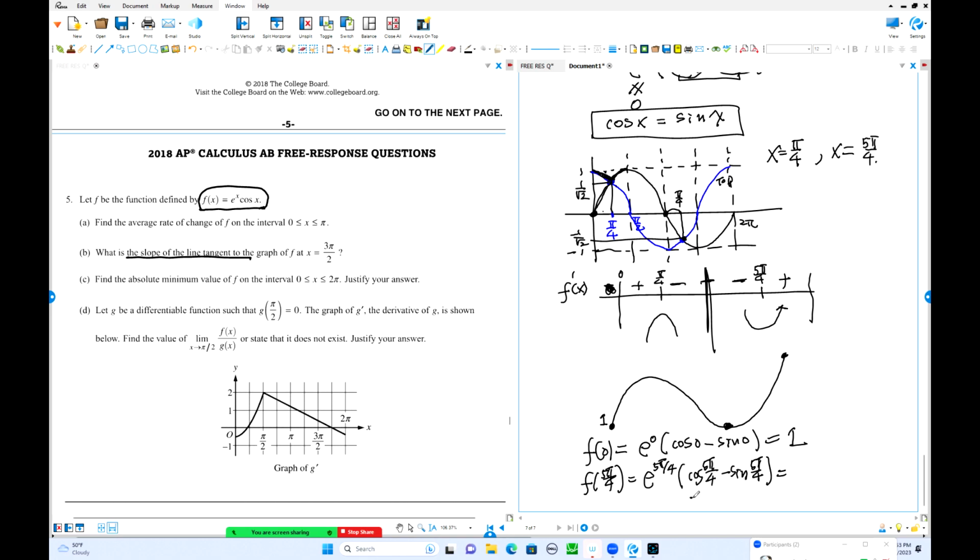Sine 5 pi over 4 is also negative 1 over square root 2, right?